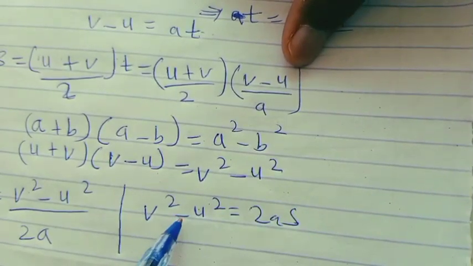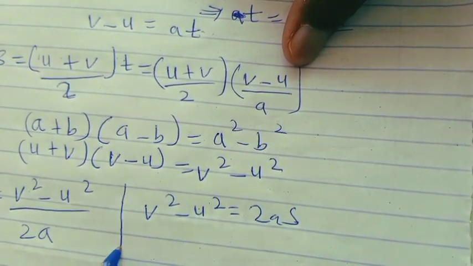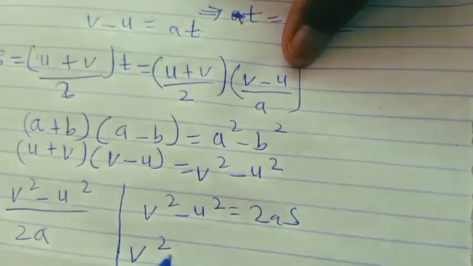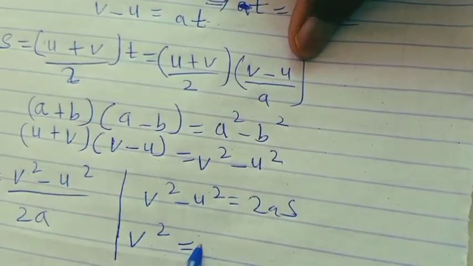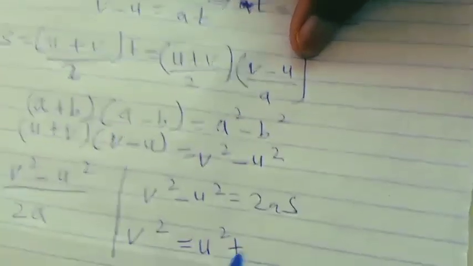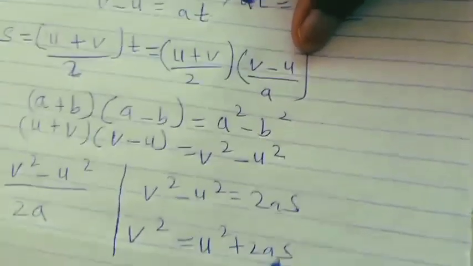We can take u squared to the other side. So v squared is equal to u squared + 2as.